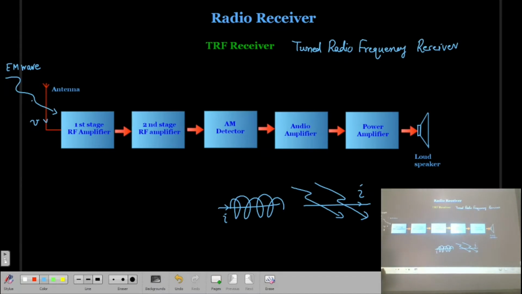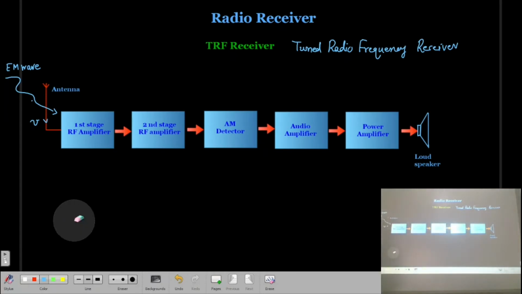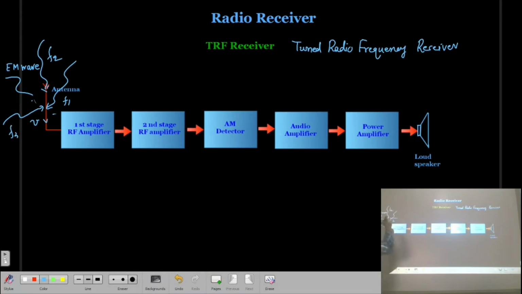But before that, we see that this antenna is receiving so many signals from different transmitters. One of the transmitters has the frequency F1, another transmitter has the frequency F2, a third one has the frequency F3, and all these frequencies are producing current in the antenna.